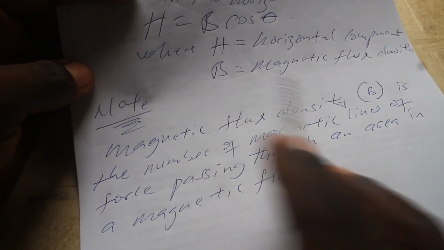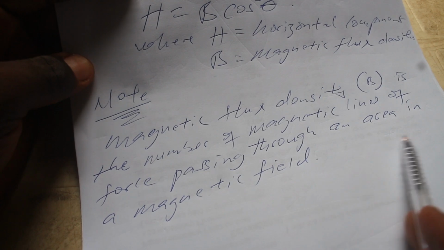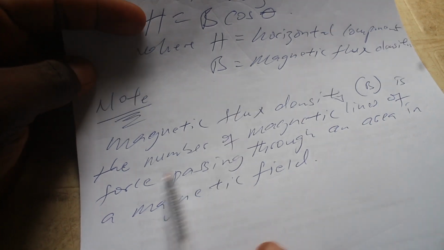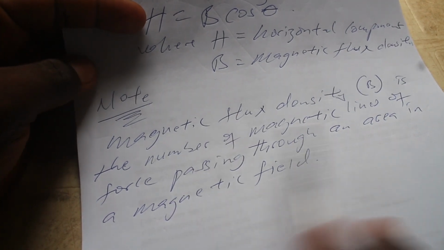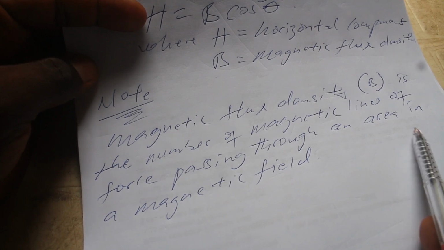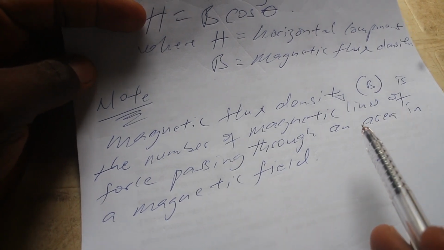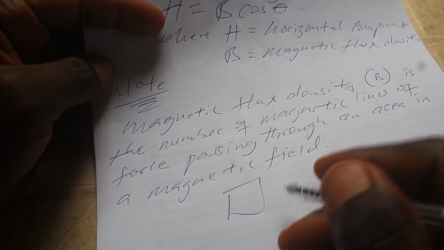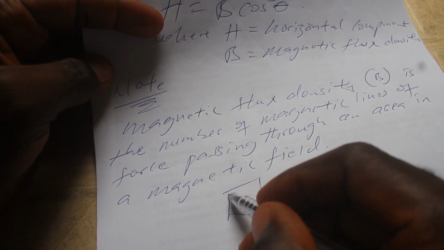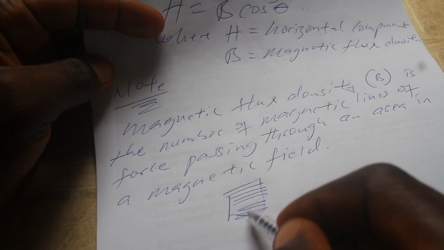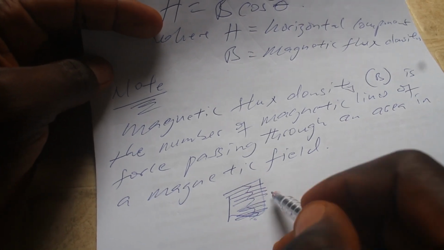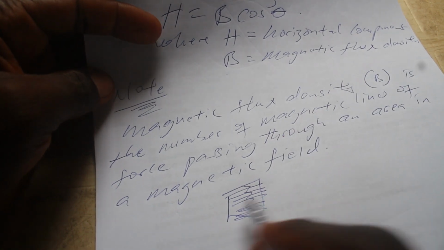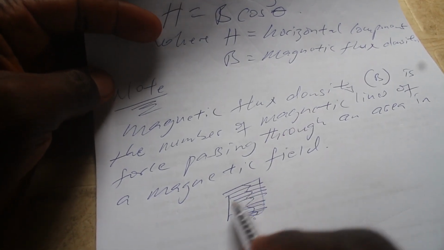So if we have an area, let's say a square inch or a square meter, and we have more magnetic lines of force passing through it, then we say the flux density at that point is high. But if you have fewer, then the flux density at that point is lower.